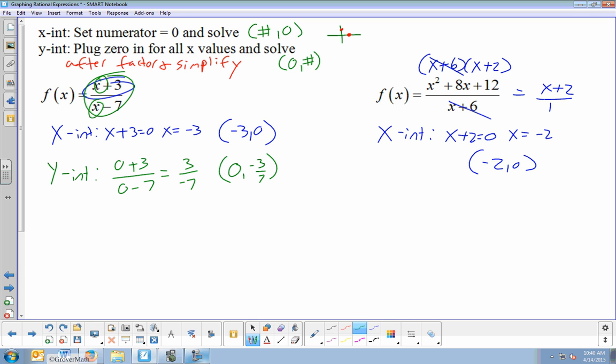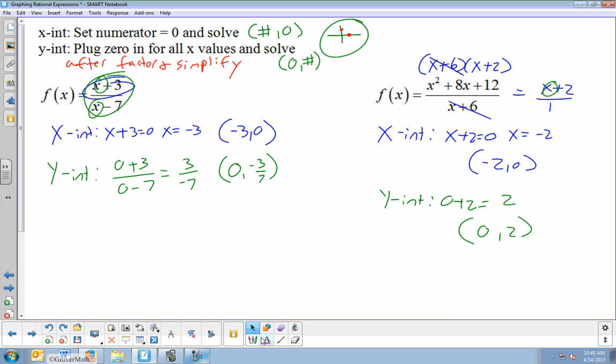And the y-intercept, I take my simplified expression, the x plus 2, and replace the x's with 0. And so I just get 0 plus 2, which is 2, which gives me an intercept at not 2, 0, but 0, 2. So remember, x-intercept is number comma 0, y-intercept is 0 comma number. And if you ever get confused, just think about the points on those axes themselves, what they look like, and that'll confirm that to you.